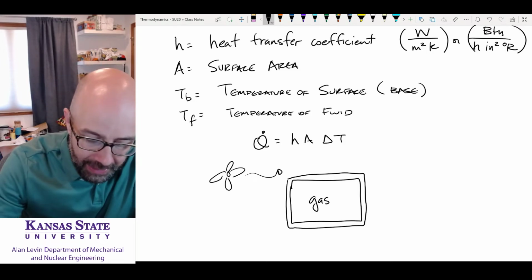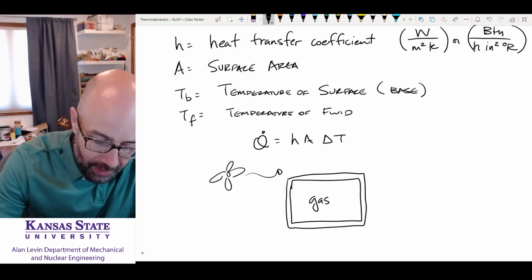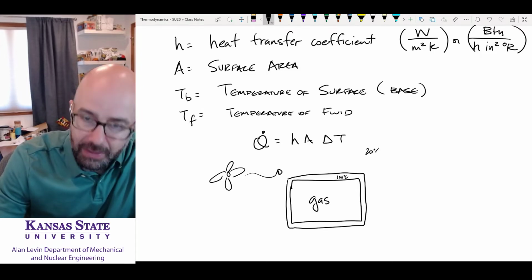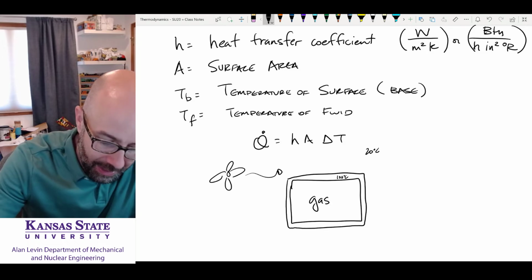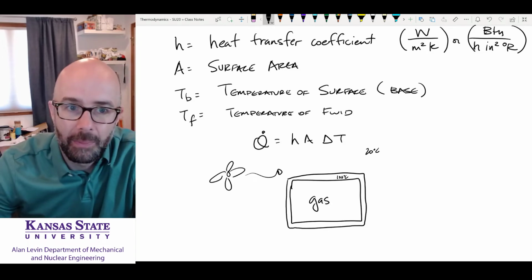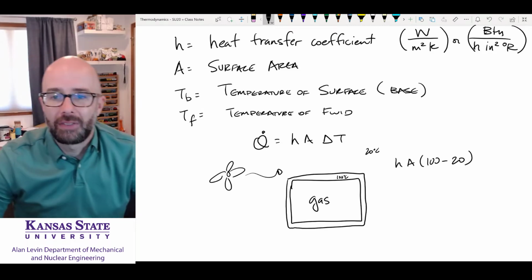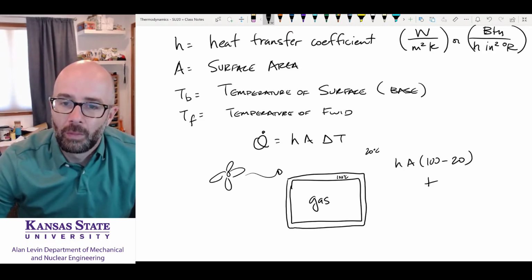And I find here that this here is 100 degrees Celsius, and the air here is 20 degrees Celsius. Well, I'm going to put in here HA times 100 minus 20, and I'm going to know this is going to give me some positive number. And what I know then is this is going to be heat leaving this system. Heat's leaving the system, and I guess my marker is going to have to catch up there a little bit. Okay, heat's leaving the system.